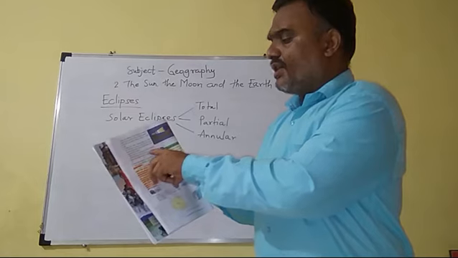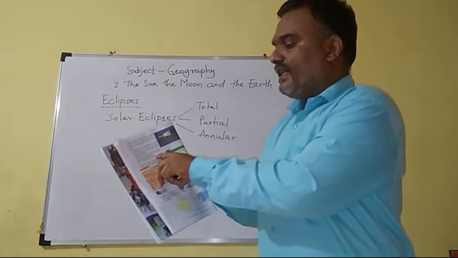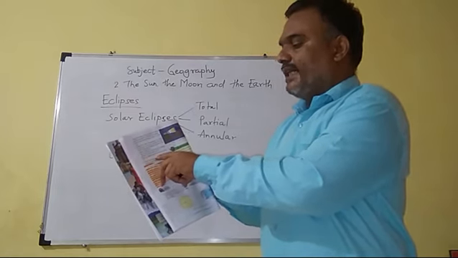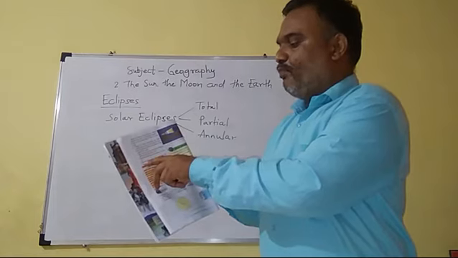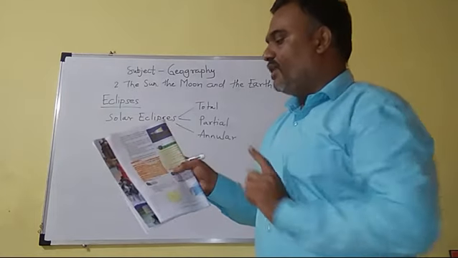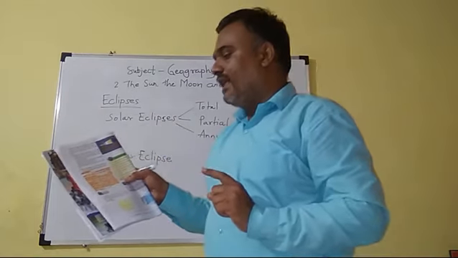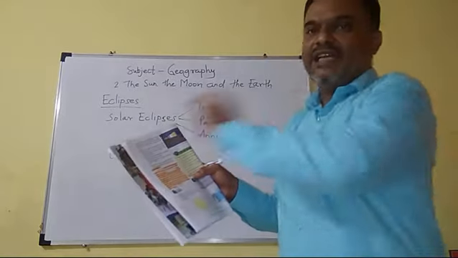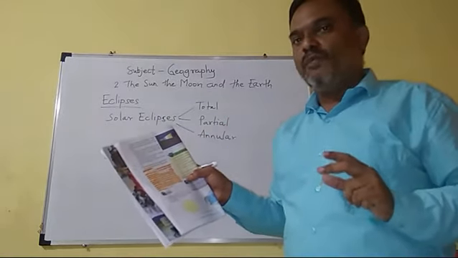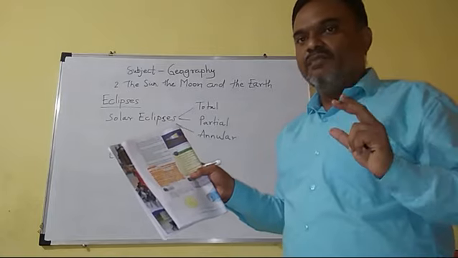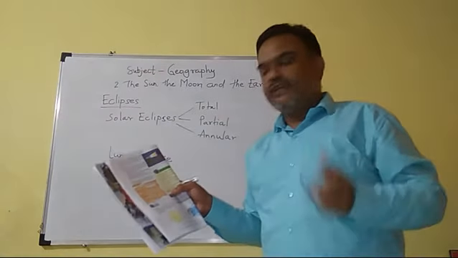Now take a torch, hold it at a distance of about 30 centimeters from the moon. Direct the light beam on the moon. Observe the shadow of the smallest ball on the earth to understand how solar eclipse occurs. So that activity you can conduct at home, and you can try yourself how the solar eclipse takes place.